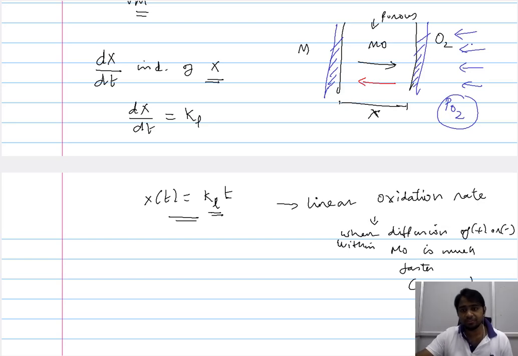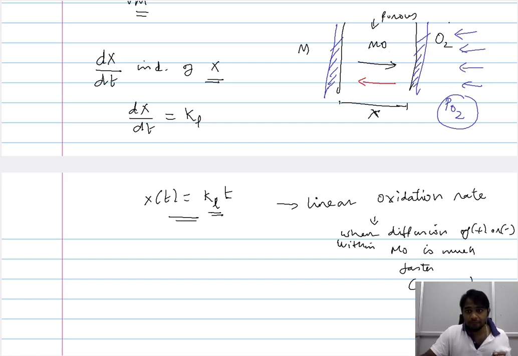This is something we need to remember, because when you consider the influence of temperature in a material that exhibits a linear oxidation rate, you need a parameter that governs the oxidation rate and is dependent on the temperature, because of course we are concerned with high temperature corrosion. Now when the diffusivity within the metal oxide is already fast, there is not much influence of the temperature.